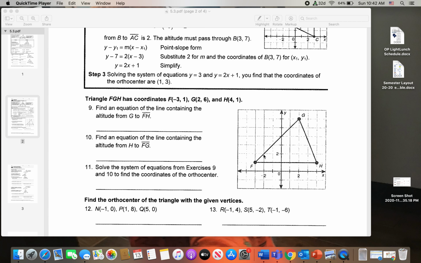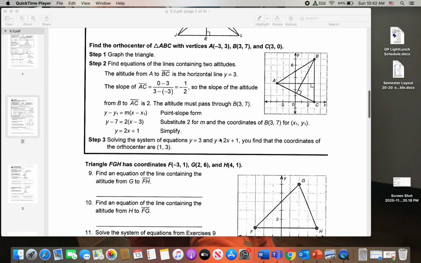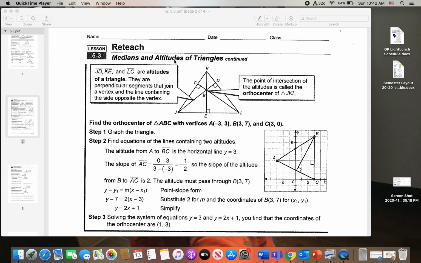We are not going to have you do that. We want you to be able to recognize altitudes, and that where they all meet is called the orthocenter. Be real familiar with the terms. So the homework is going to be all about definitions of the terms. Okay, that ought to do it.